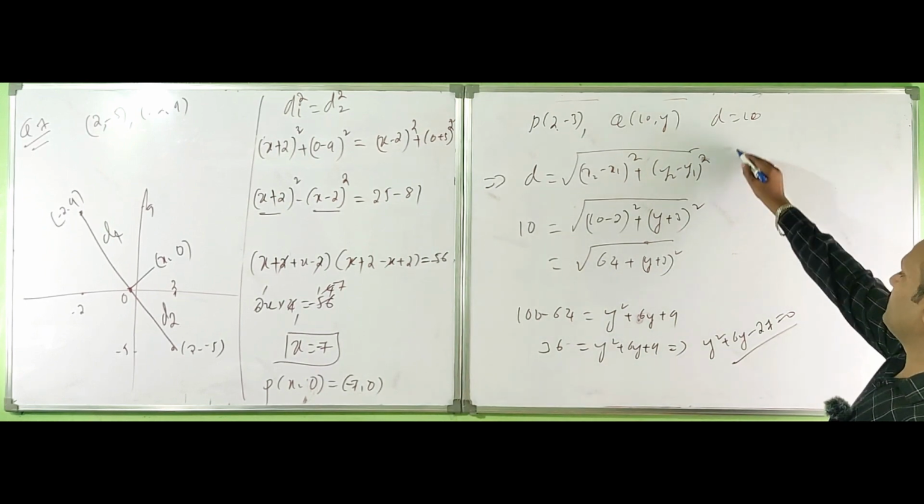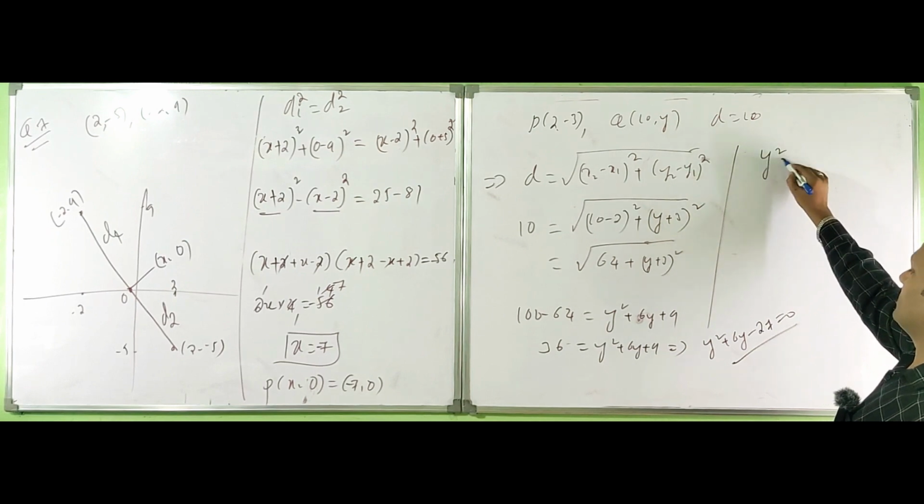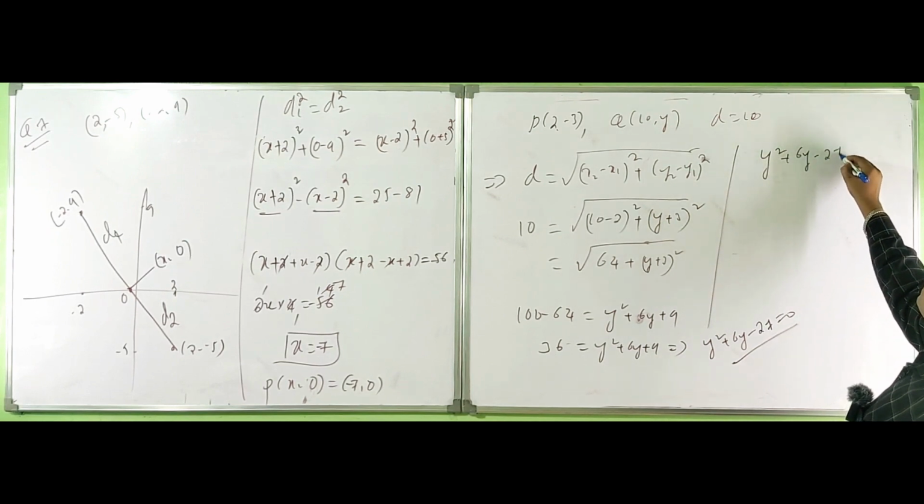So this becomes a quadratic equation: y square plus 6y minus 27 is equal to 0.